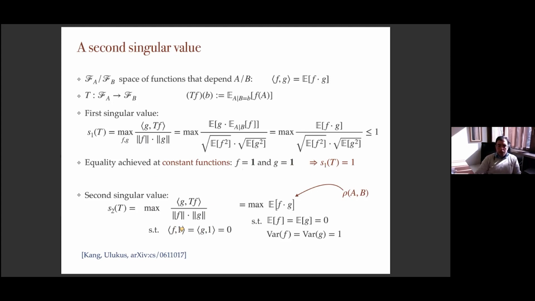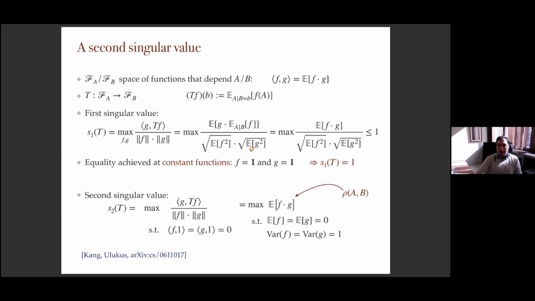And what's this inner product? We have this formula for the inner product. The product of F and the constant function would be just F. So the orthogonality is nothing but the expectation of F being 0. And the second orthogonality condition is the expectation of G being 0. And what are these norms?